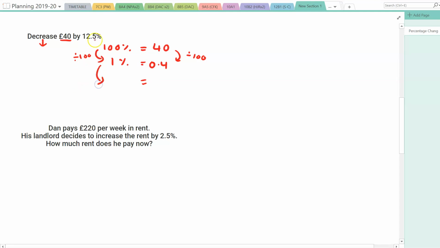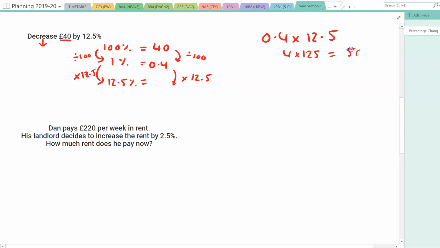Now I want 12.5%. So I need to times by 12.5. So I need 0.4 times 12.5. Not a particularly easy one. You can use a calculator if you want, or you could do 4 times 125. So pretend there's no decimals.